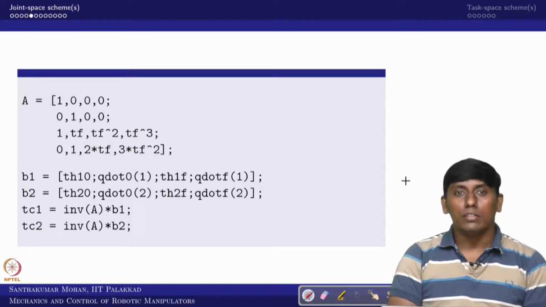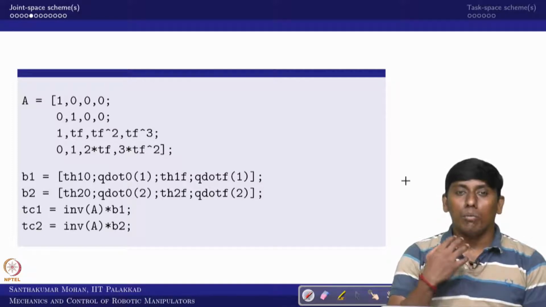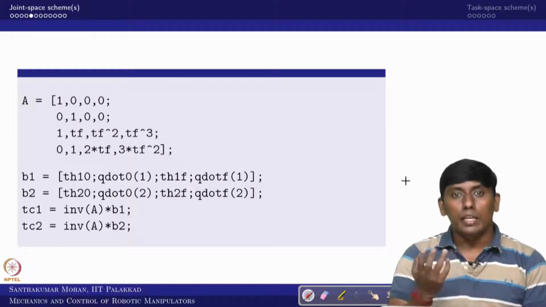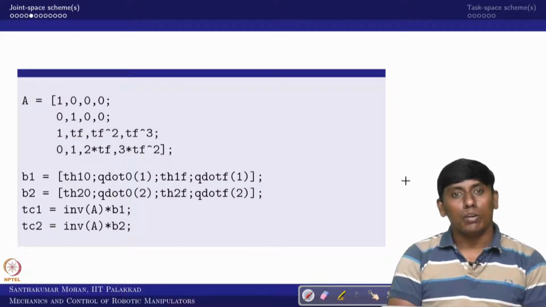Similarly, the second joint trajectory can also be generated. Based on that, TC1 and TC2 are the coefficients for joint 1 and joint 2, A01 to A31, and similarly A02 to A32, which we can calculate.